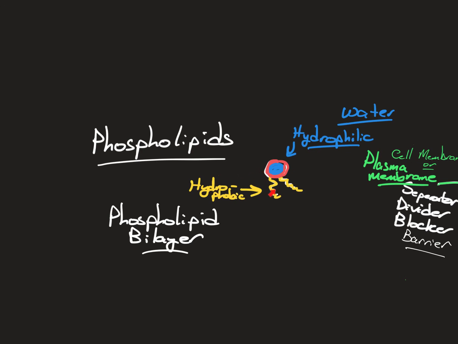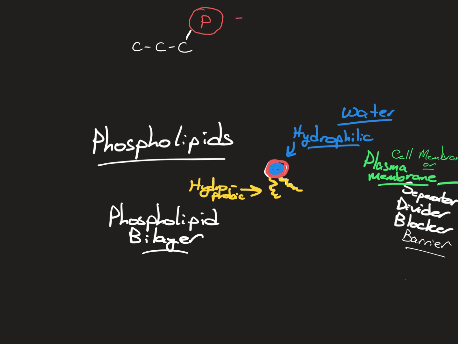So here it has to be hydrophobic. That's the tails. The 2 tails have to be hydrophobic. And the head has to be hydrophilic. I want to be clear on this. When I say head and tails, I want to remind you, there were 3 carbons that were part of the glycerol. On one of the carbons, among other atoms, they're attached to this group of atoms called a phosphate.